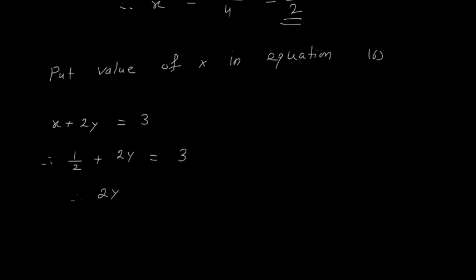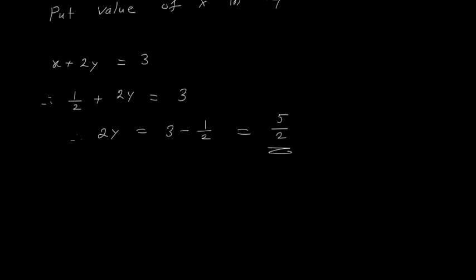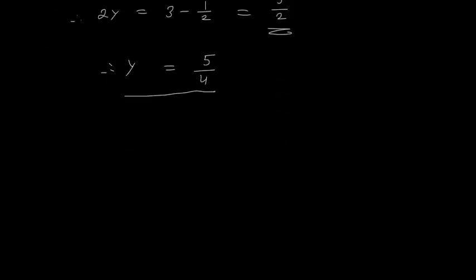So therefore 2y will become 3 minus half, 3 times 2 is 6, 6 minus 1, it is 5 divided by 2. So 2y is 5 divided by 2, therefore y is equal to 5 divided by 4. This 2 will go in the denominator and I will get y is equal to 5 by 4. So the value of x is 1 by 2, value of y is 5 by 4.